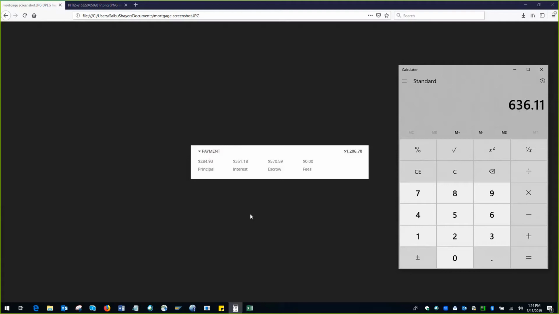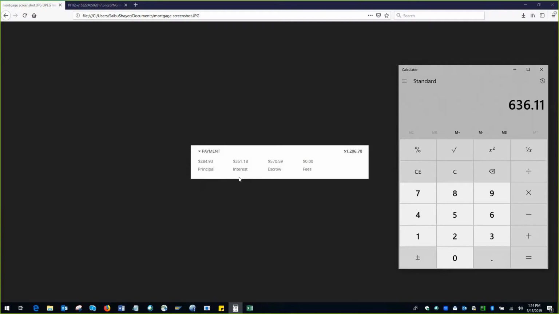As you keep making these payments, more and more of your money goes towards the principal, which is what you want, and less of your money goes towards the interest, which is also what you want. So the addition of your principal and your interest should always yield the same number.